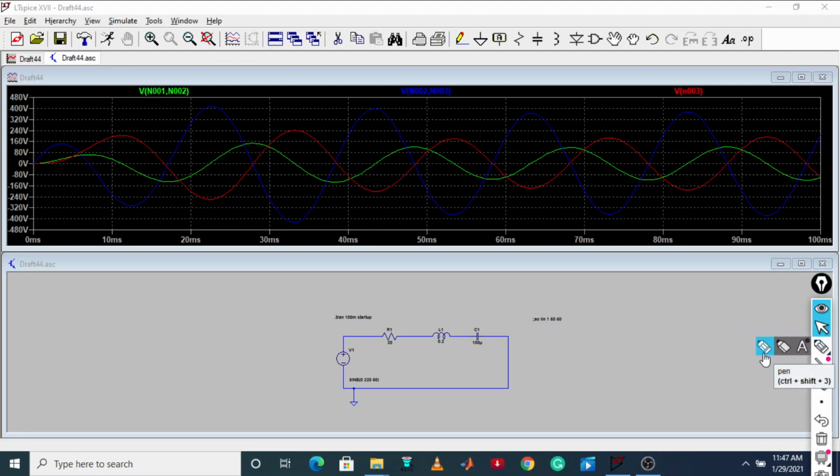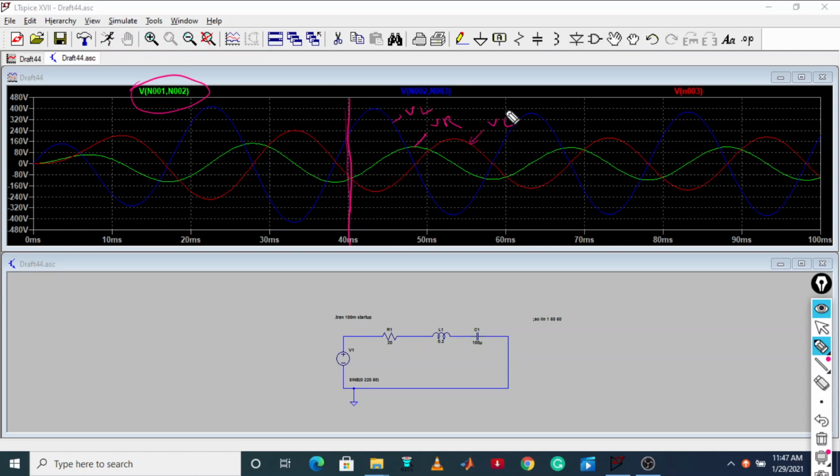Suppose this is your voltage across resistance, because V1 minus, this green one is the voltage across. Now from here if I start, we can understand which is leading and which is lagging. This is your VR and this is your V, and this is your VL and this is your VC.